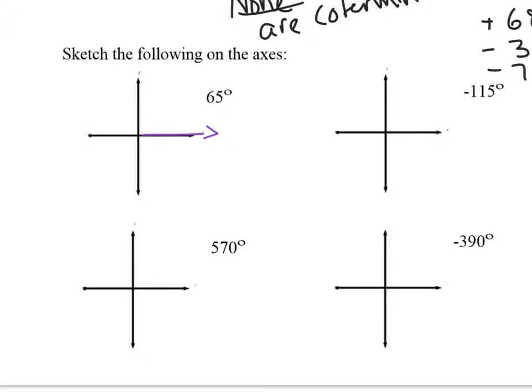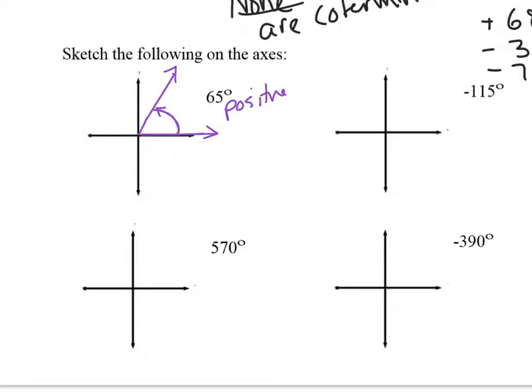So 65 is going to be in quadrant 1, so it's going to be probably about here. It's a bit more than half. And then you do have to draw that little arrow showing that it's going in a positive direction. So it's just going from this part to there.